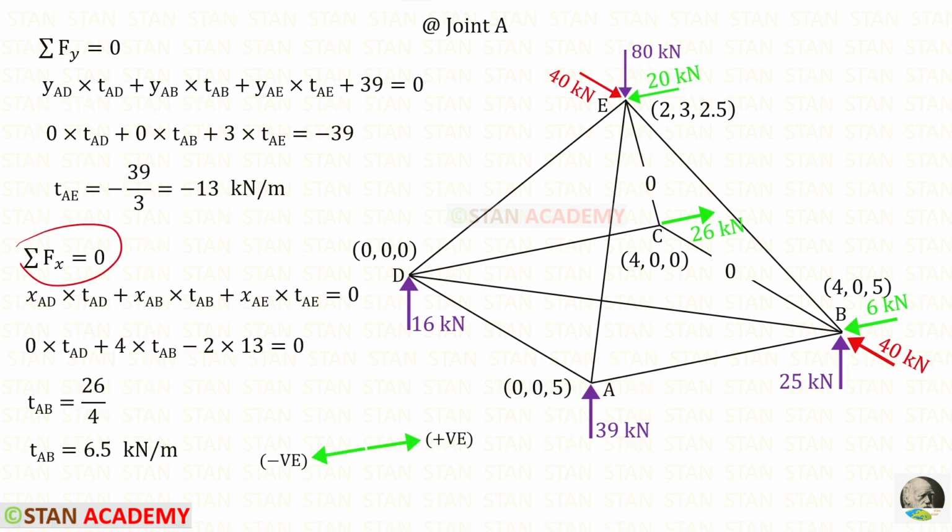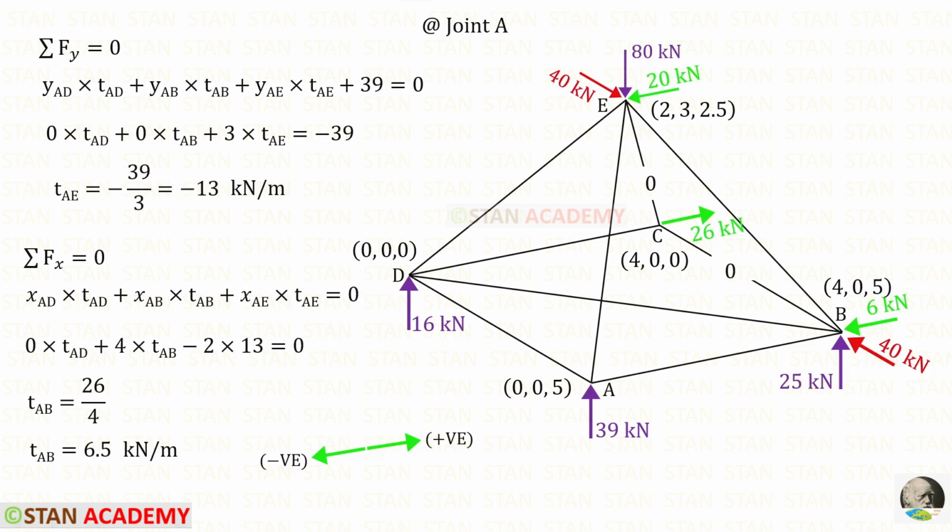Now let us apply this rule. For AD, there is no distance in the x direction, so this term will be 0. We know that along the point A, we have to draw a reference line. This side positive and this side negative. AB and AE are in the positive side, so both of these two terms will be positive.